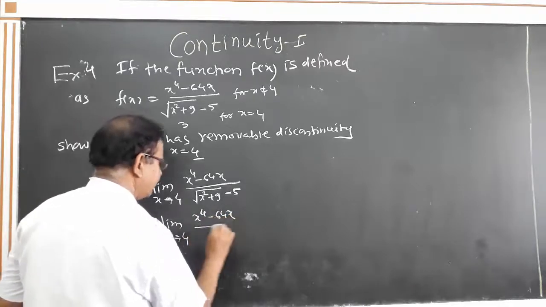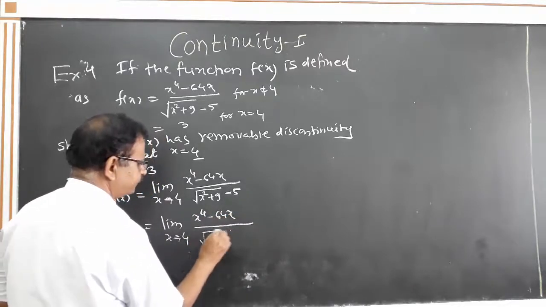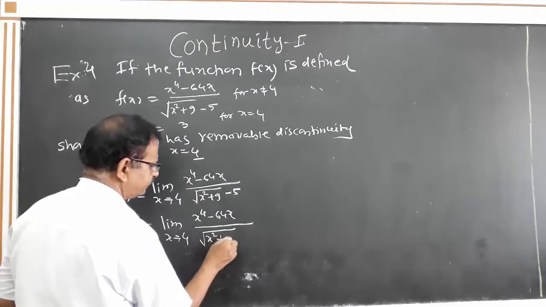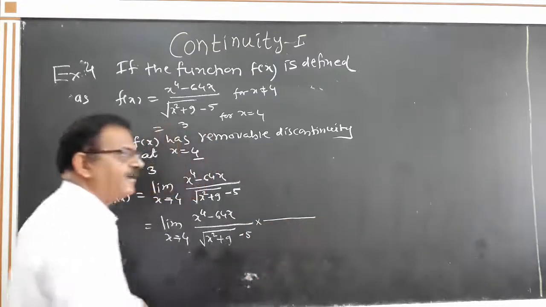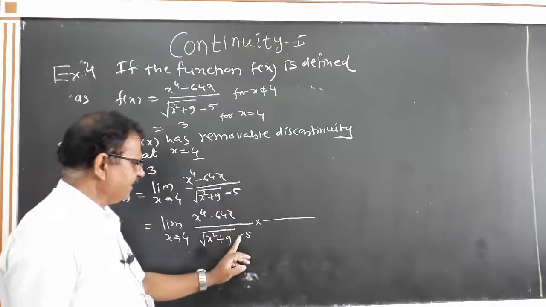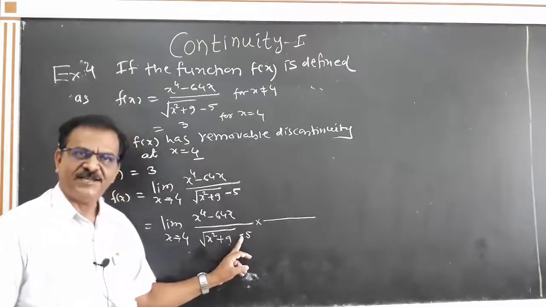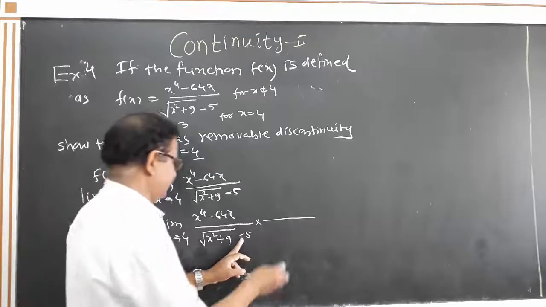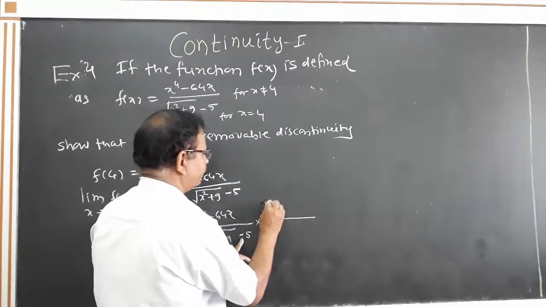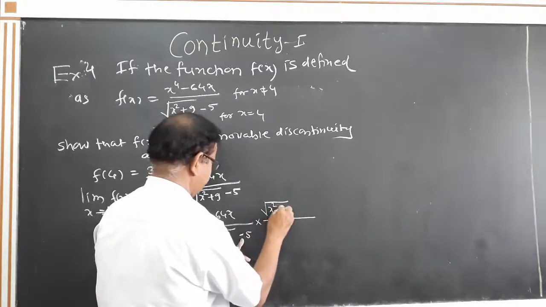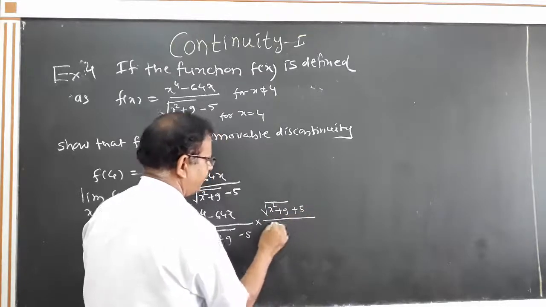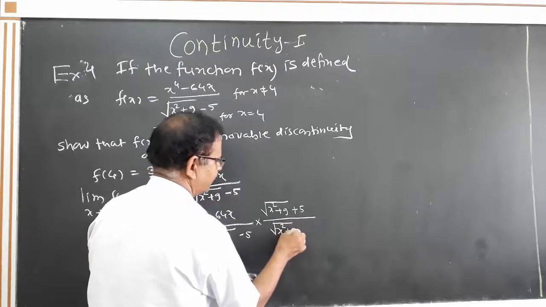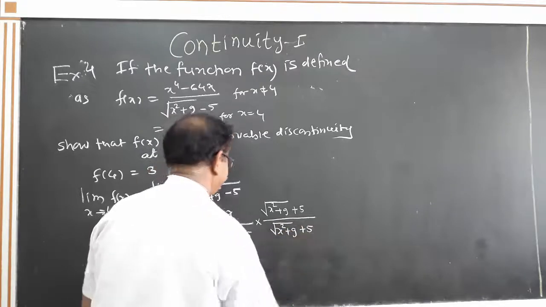We shall write this term as it is, and then multiply and divide by a term by taking plus sign instead of minus and minus sign instead of plus. Here we have to take root of x square plus 9 plus 5 divided by root of x square plus 9 plus 5.